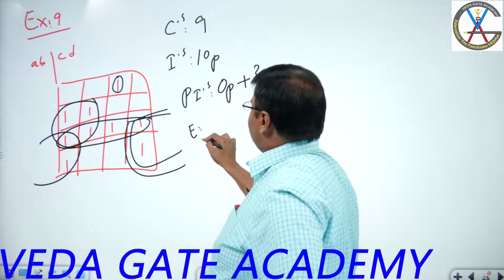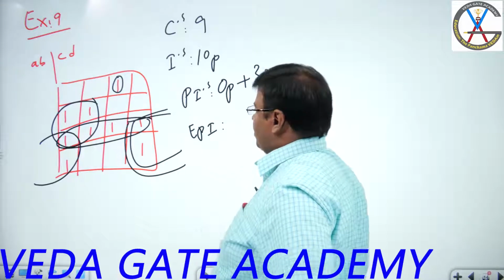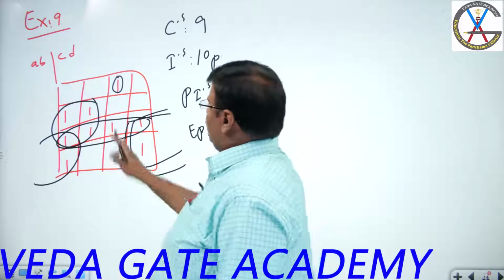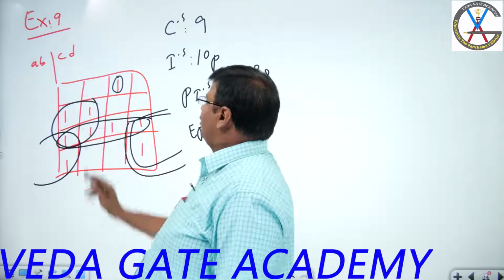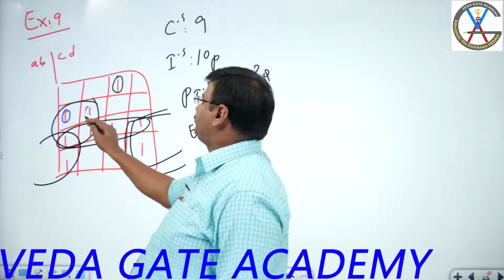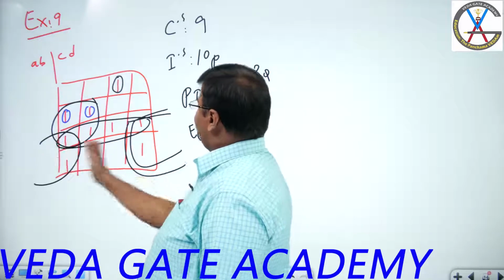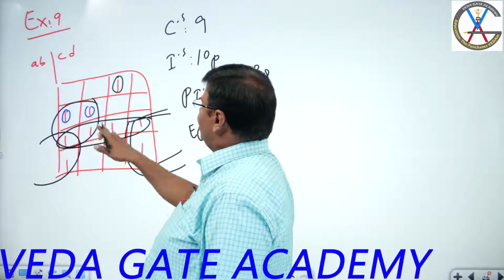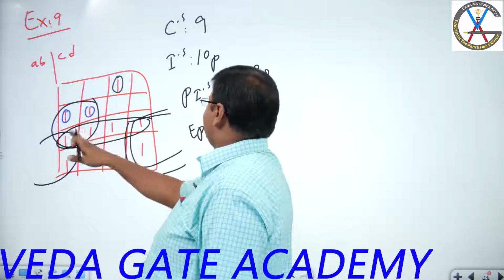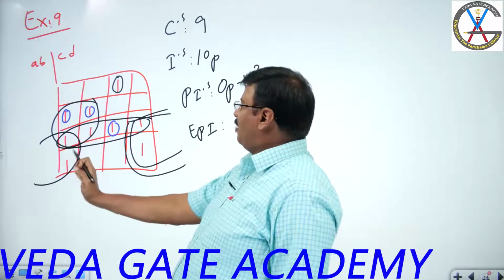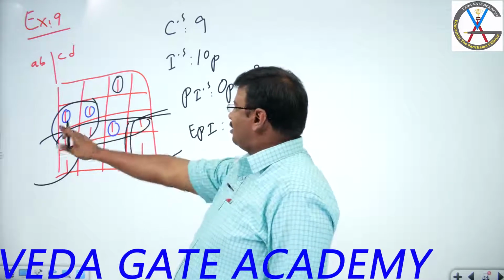So E prime implicants. Try to identify the uniqueness here. This quad, these both are unique. This quad, this can be this way, this can be this way. For this, there is no other option. This is unique. Left and right quads, this has other options, this has other options.